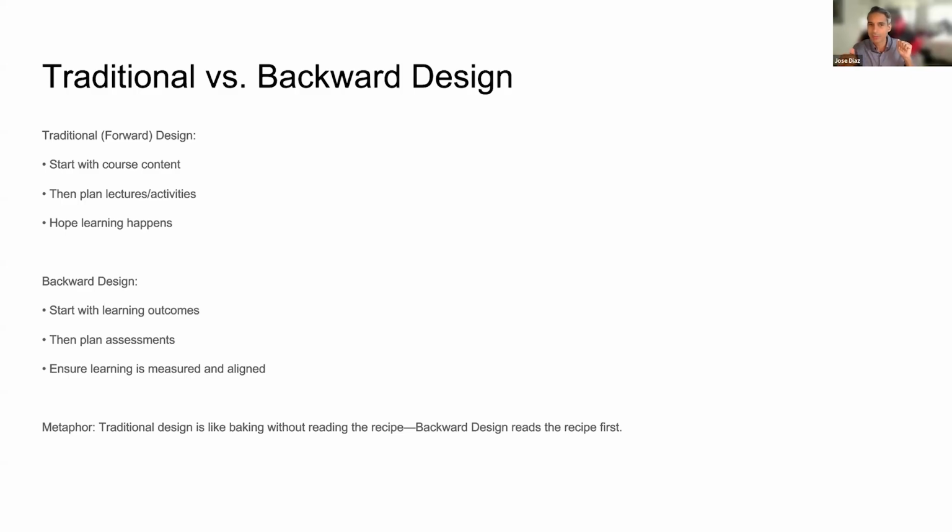It's by happenstance. You're almost playing like a casino. Backward design is different. You start with the learning outcomes, then you plan your assessments, and you ensure that learning is measured and aligned. Those are the three main steps: 1, 2, and 3.